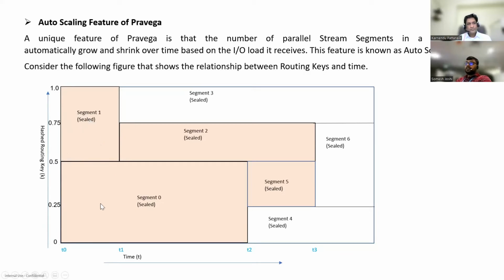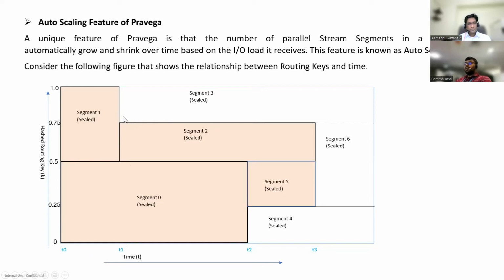Let us consider that for the time period t0 to t1, the events that are hashed and mapped to segment 0 and segment 1 continue to grow in such a fashion that at time t1, for a stipulated time interval, the event population over segment 1 has surpassed its defined threshold value for the autoscale operation to get triggered, resulting in segment 1 getting split into two new segments, segment 2 and segment 3, after time interval t1.